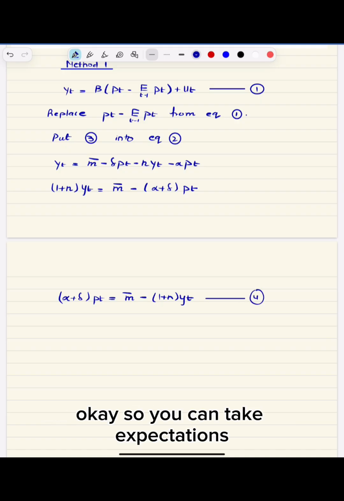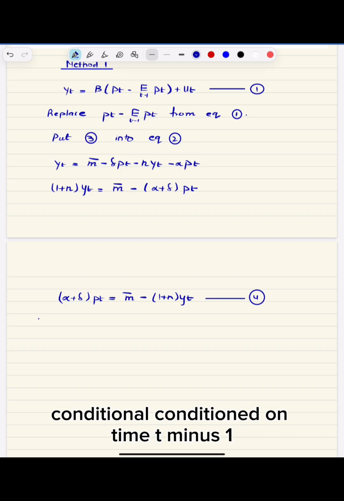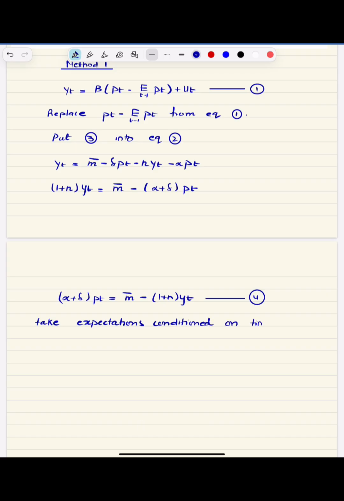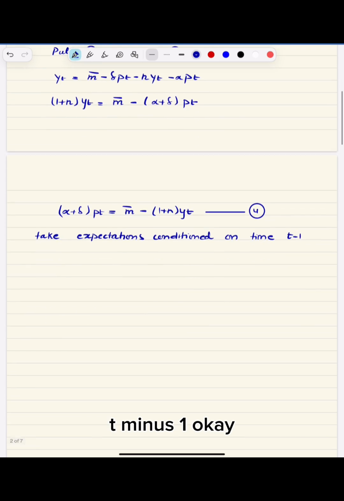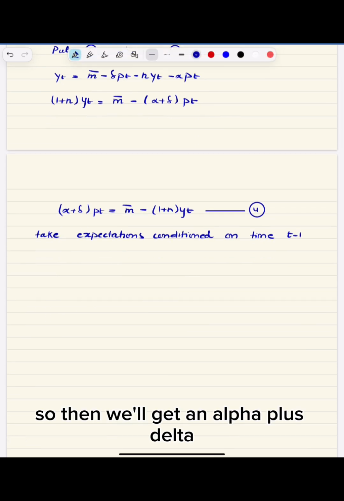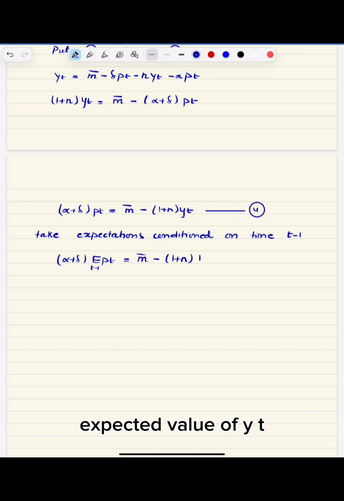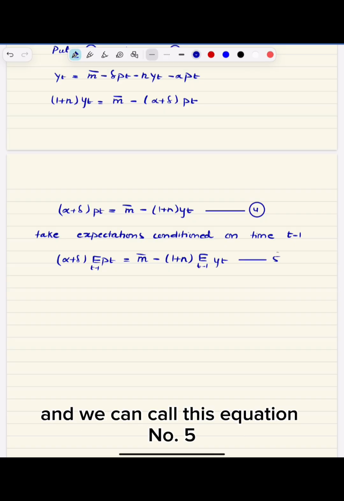Okay, so you can take expectations conditioned on time t minus 1. Then we'll get alpha plus delta expected value of price equals m bar minus 1 plus n expected value of yt, and we can call this equation number 5.